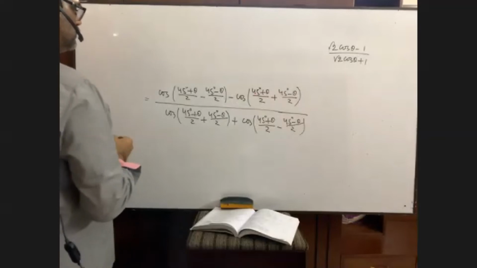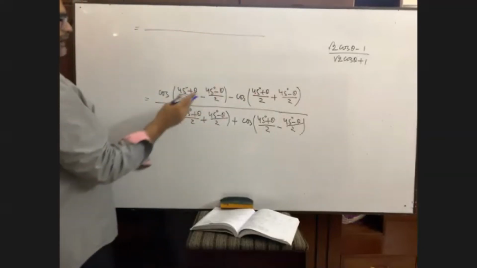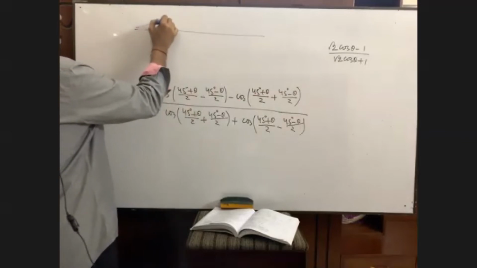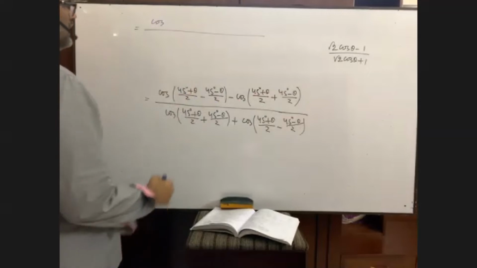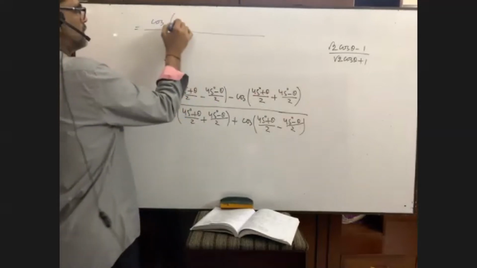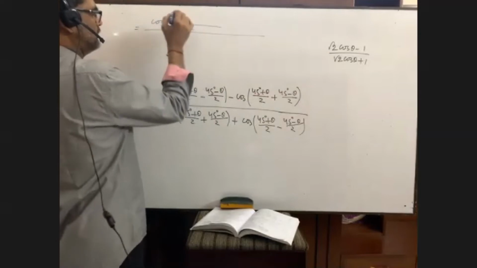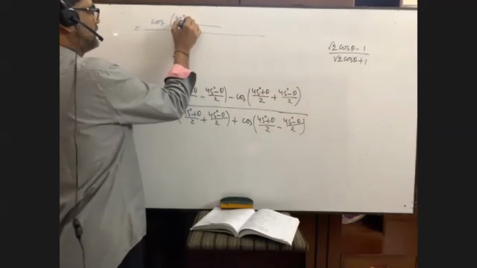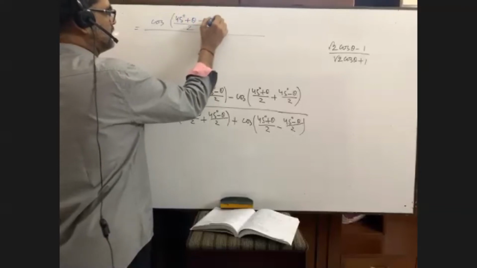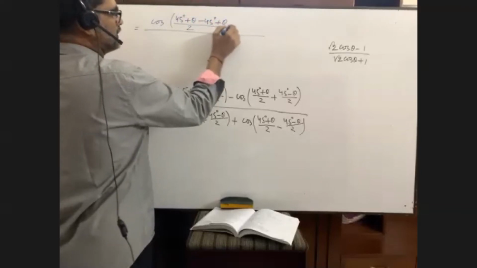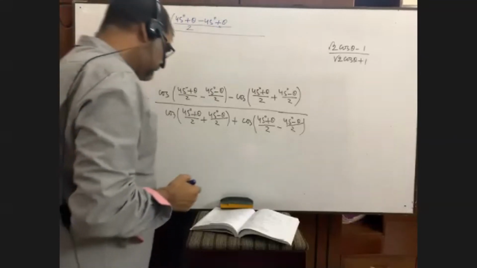Now, what we should do, you see, can we just calculate? If 2 is taken common, will I LCM or I will show it at a time? Okay, I'm going to LCM it. 2 LCM 45 degree plus theta minus 45 degree plus theta.